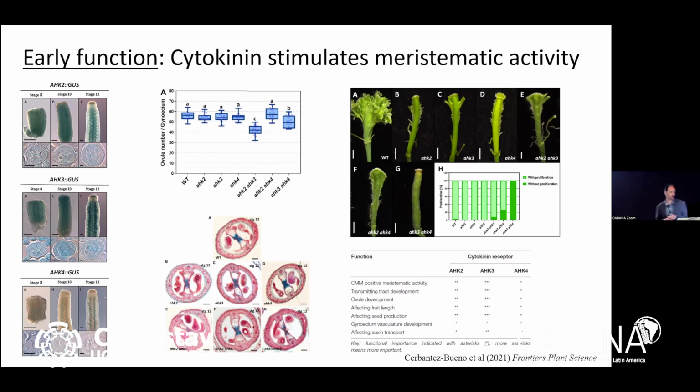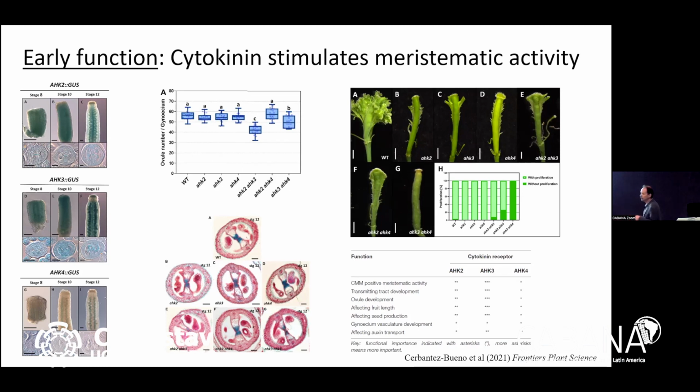It's not so important. They are not exactly the same, but they are highly expressed in the gynoecium. When we have different mutants, single mutants or double mutants, we can observe what is happening in the gynoecium. I'm not sure if you can read, I think the text is very small.